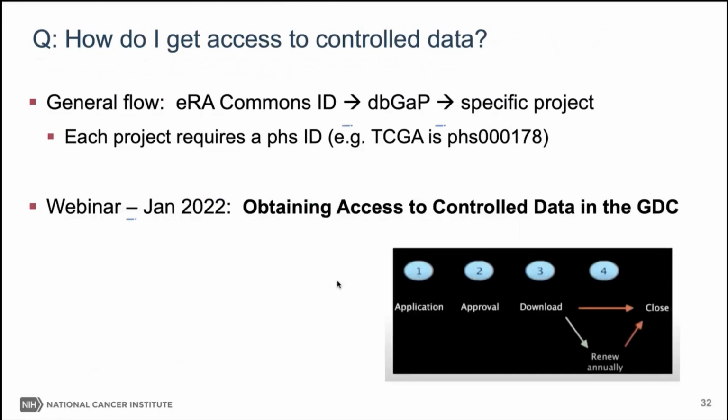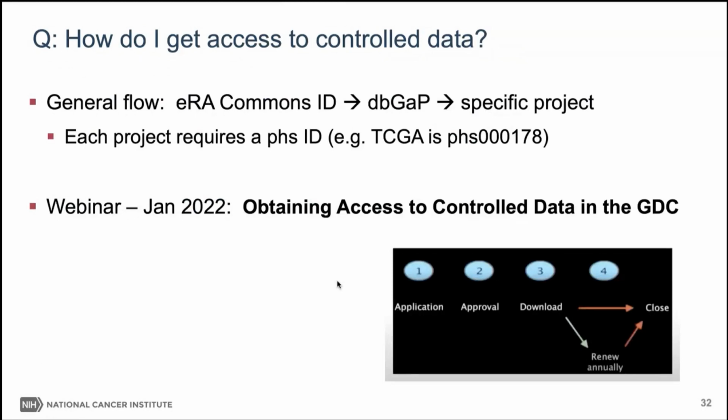Okay, something I've been referencing a lot during this presentation: how do we get access to controlled data? This is a very brief explanation, but the general flow is that you get an eRA Commons ID, you use that eRA Commons ID to go to dbGaP, and at dbGaP you can apply for a specific project. Each project, like I've mentioned before, requires a PHS ID. For example, TCGA is 000178.